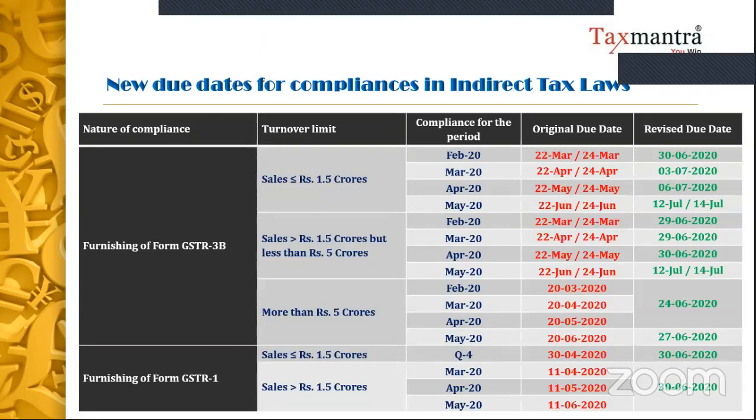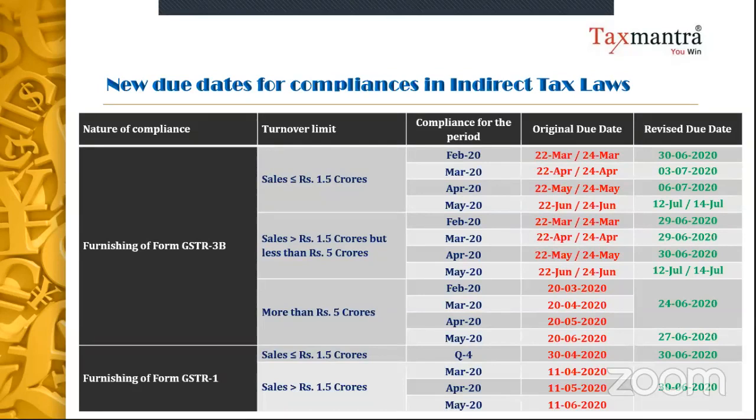For the month of March, I'm talking about the GST 3B filings, which are done mostly on a monthly basis, for those whose turnover is less than 1.5 CR. For GST return filing for the month of March 2020, the original due date was 22nd of April or 24th of April.